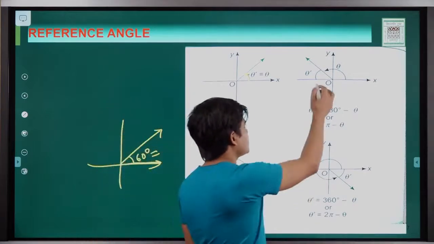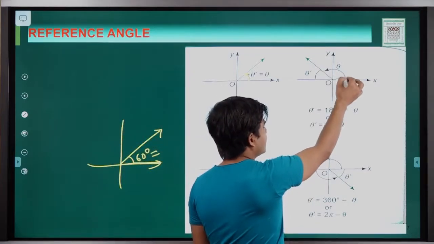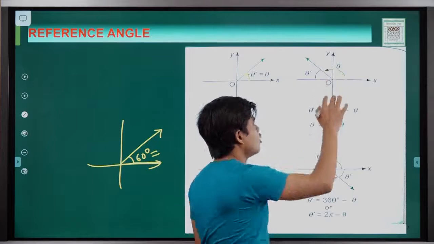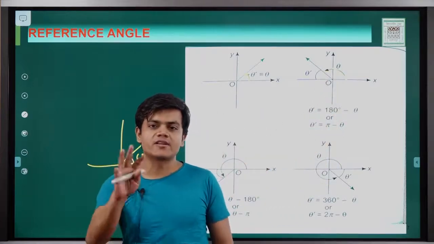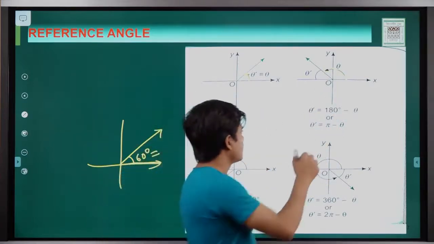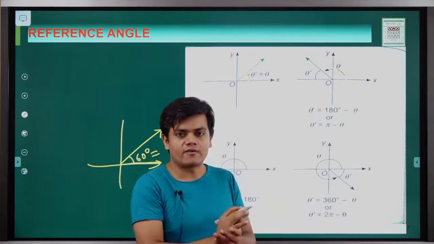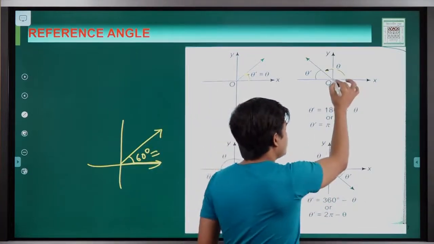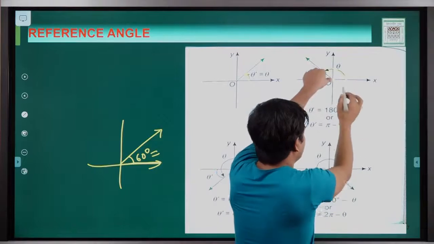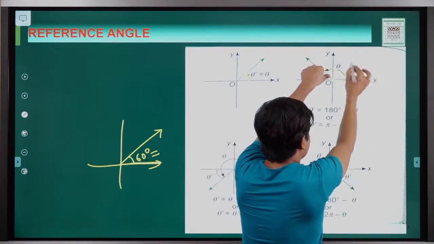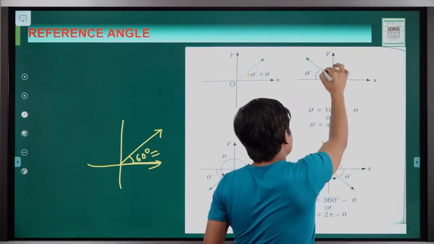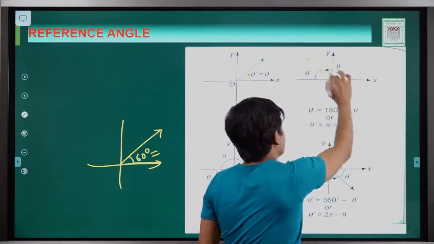But when we reach the second quadrant, then this is the standard angle. Whenever we talk about a standard angle, it means the angle with the positive direction of the x-axis. You put your thumb over here and rotate the x-axis until you reach this terminal side and then stop.